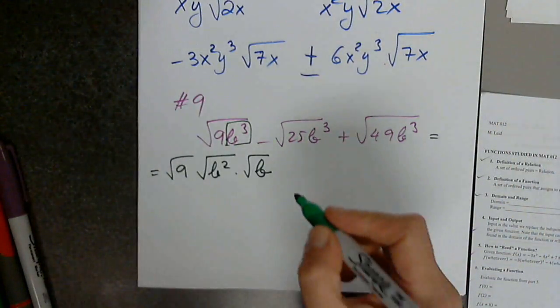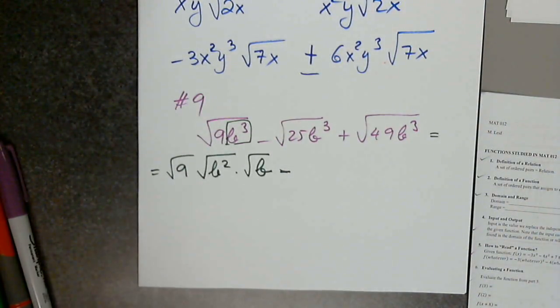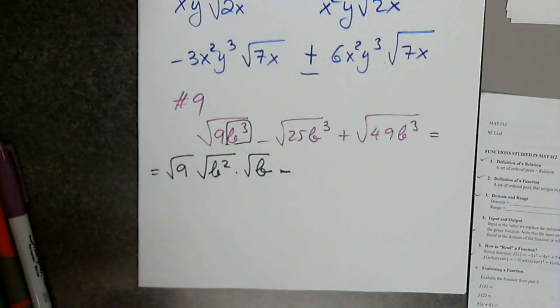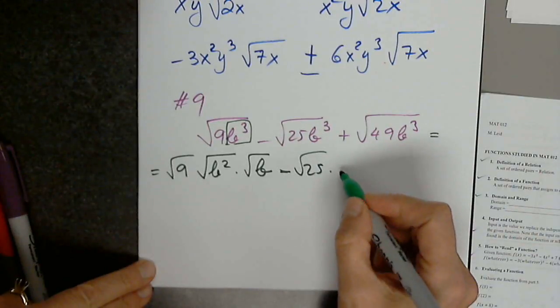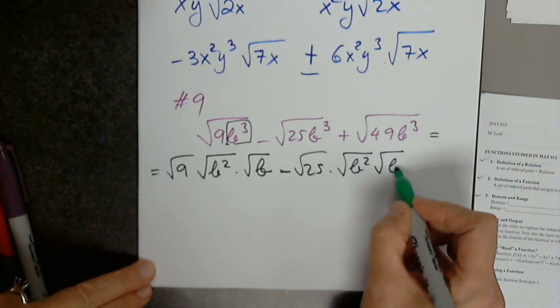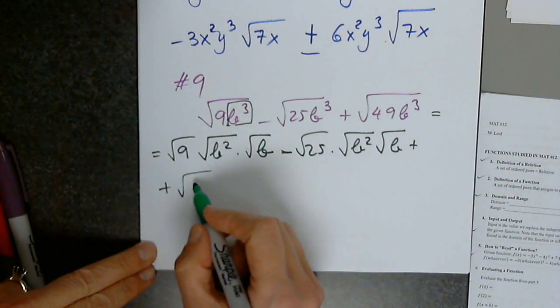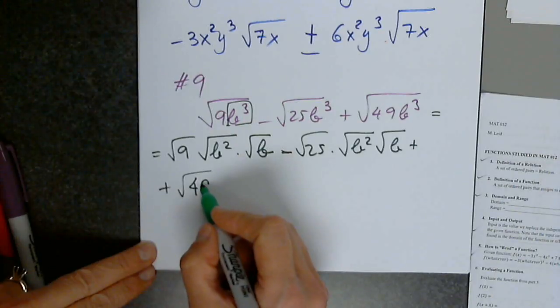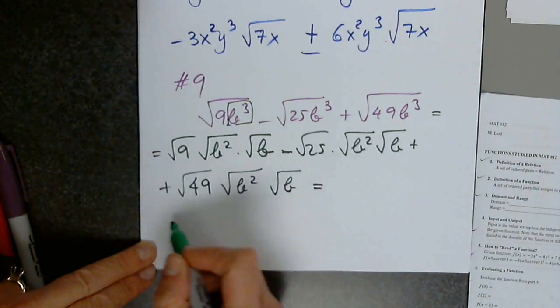Can anyone dictate the second radical, and you only have to do what I just did with the first one? Very good. Plus the last one, the square root of 49, and the square root of b squared, and the square root of b. Good.